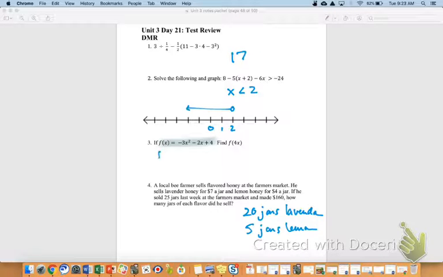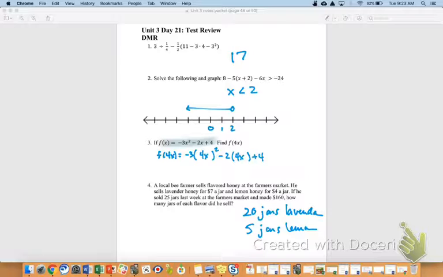So I would write for our first step something like this. f of 4x equals negative 3, parentheses, 4x squared. Notice how I've replaced that x with 4x. Minus 2 parentheses, I'll replace that x with a 4x, and then plus 4.